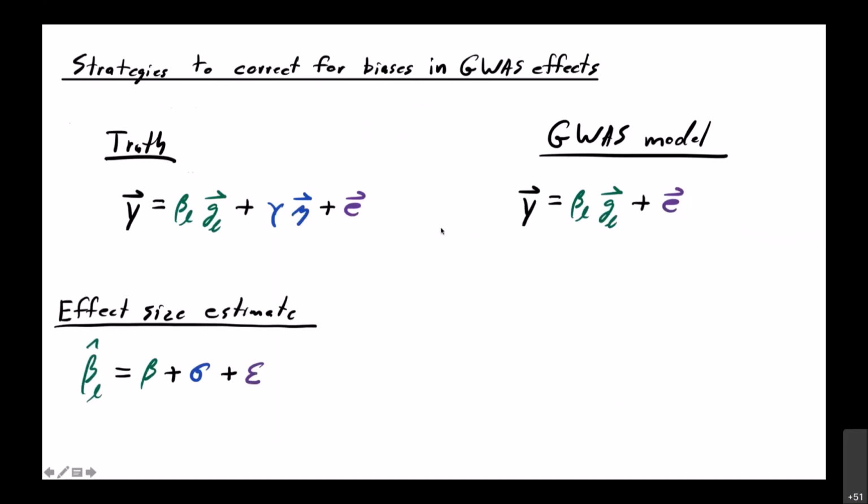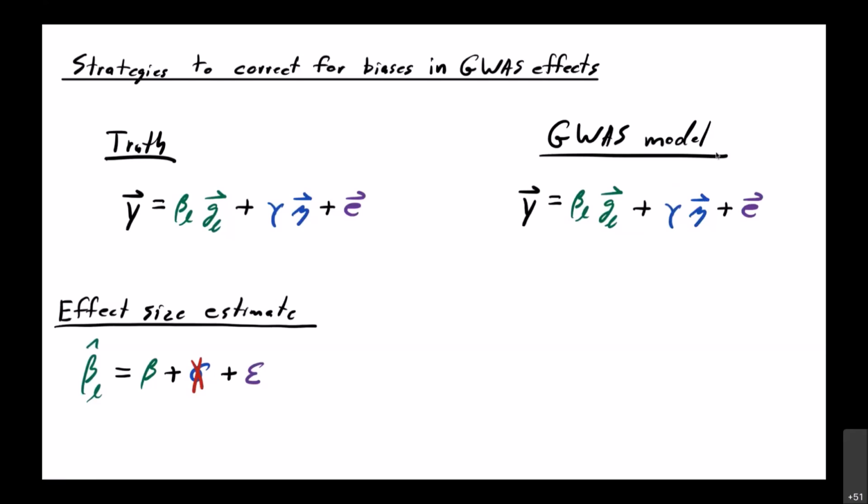So let's come back to our simple model, where we have some truth, we have some GWAS model, and we have this problem of the effect size estimates being biased. Of course, the best thing you could do is include the environmental variable. Well, the absolute best thing you could do is randomize, right? You would do an experiment or a common garden, as Magnus says: take your plants, put them all in a common garden, and then you're good.